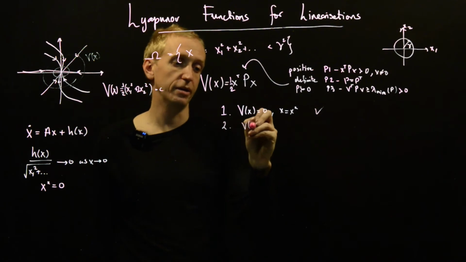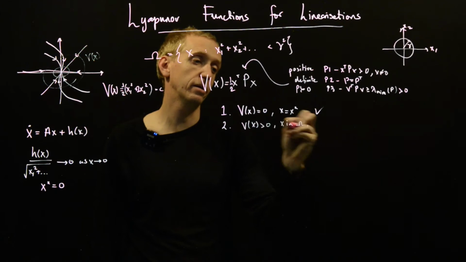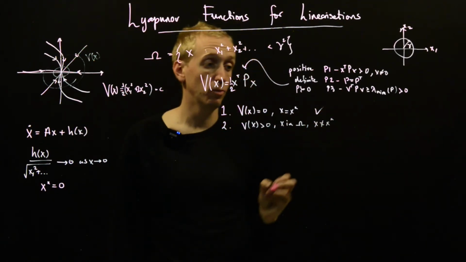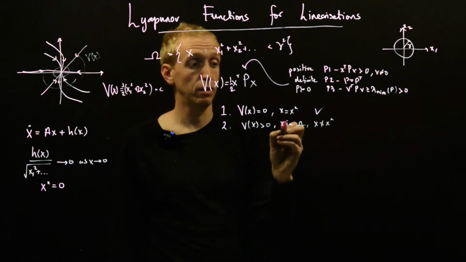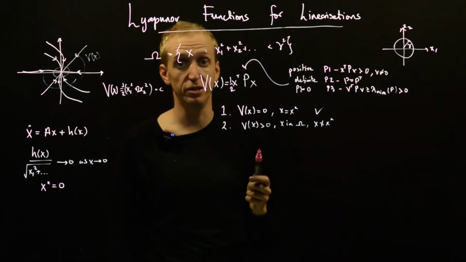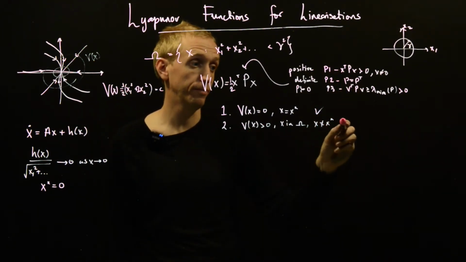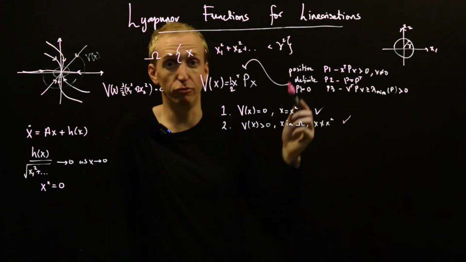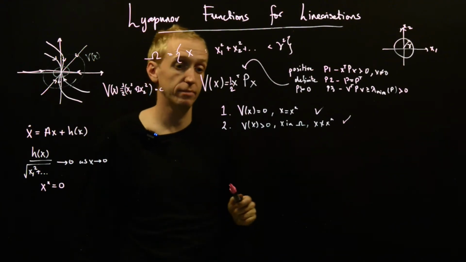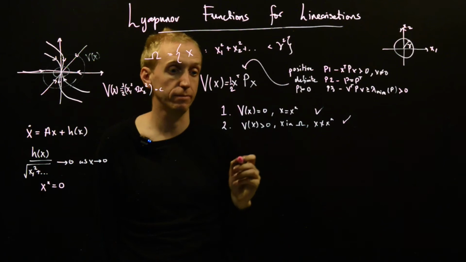Two, I need V of x to be bigger than 0 for x in Omega and x not equal to x star. Well, x star is 0, and this is the defining property of a positive definite matrix, so this holds. It's true for any region Omega, and would be true even if we went for a global result. But it's certainly true for a circle of radius gamma.